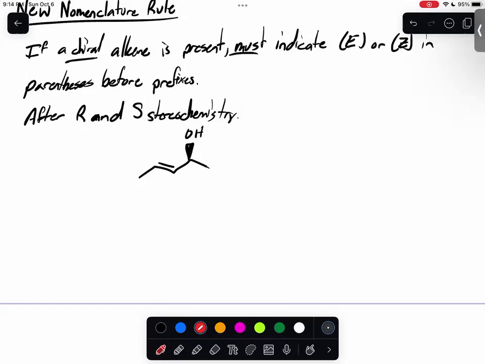And so looking at this, it's pretty simple. I made it easy enough that you can see the longest carbon chain right down the middle here. 1, 2, 3, 4, 5. And the reason I labeled it this way is because the first thing that I saw was this alcohol, which we know is our priority group. And since it's our priority group, it's going to take the suffix of -ol.